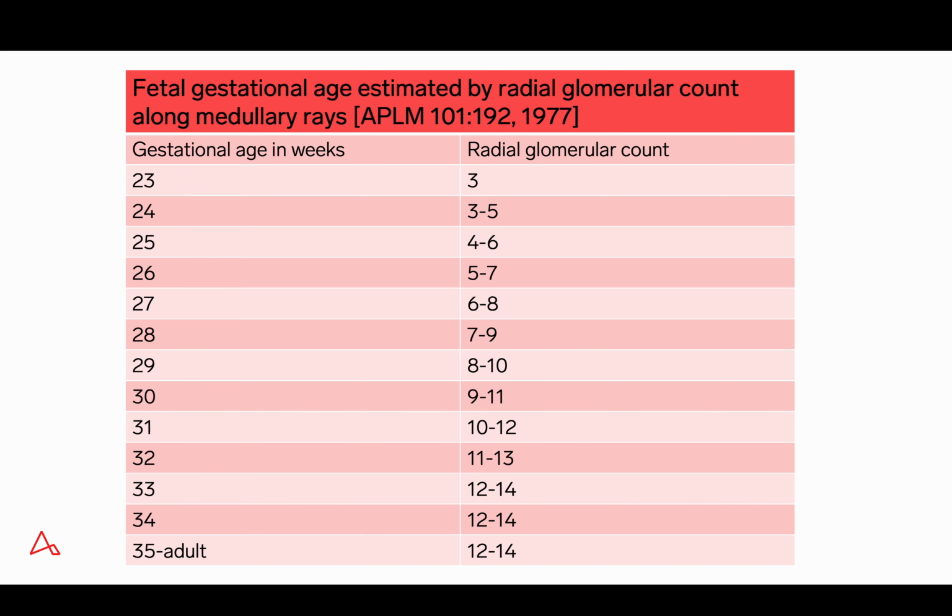Now, radioglomerular counting has been used for many years to establish gestational age in a fetus, provided the kidney structure is normal. And this is just a table illustrating how at 27 weeks, in the normal situation, you have 6 to 8 nephron generations, whereas out here at 32 weeks, you've got 11 to 13 and so forth.